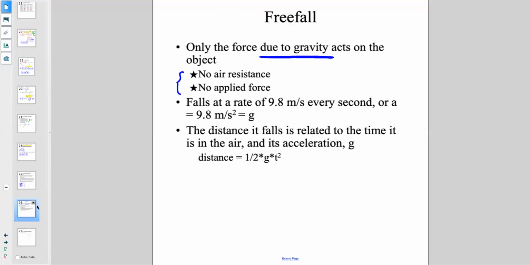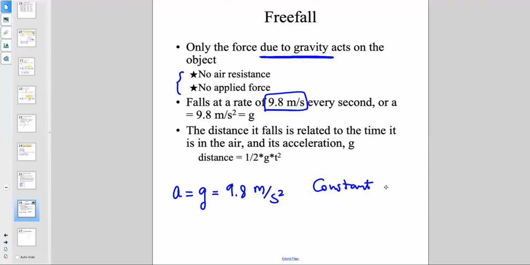And the acceleration is 9.8 meters per second squared, and that's what we call G. So if you're dealing with a free fall, your A, or acceleration in your problems, is just G, gravity, which is 9.8 meters per second squared, and it is constant.